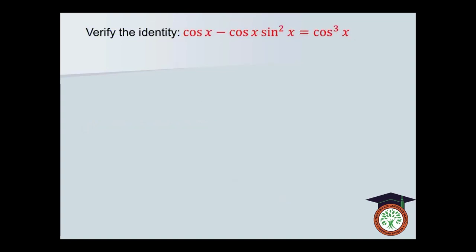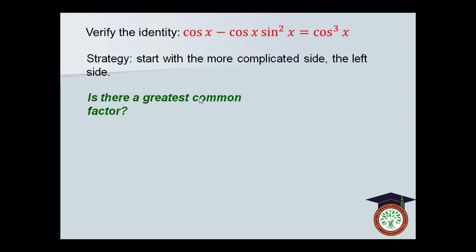Another example. Here we start with this side because it's the more complicated side. We have here a common factor, which is cosine x. So take cosine x as a common factor.